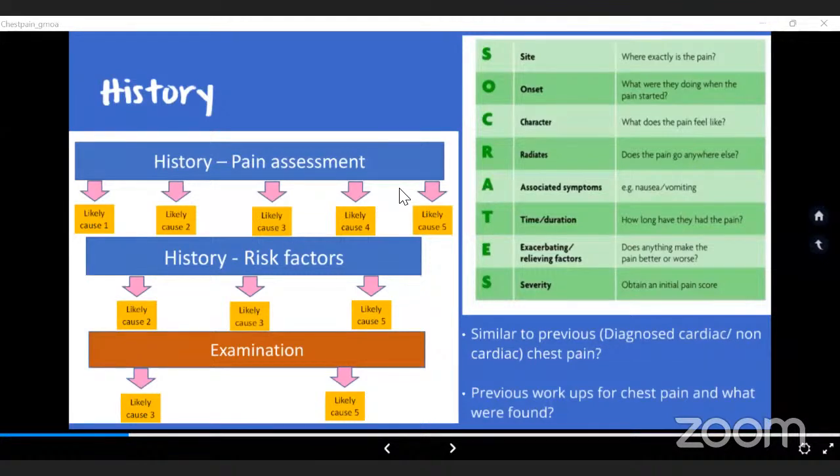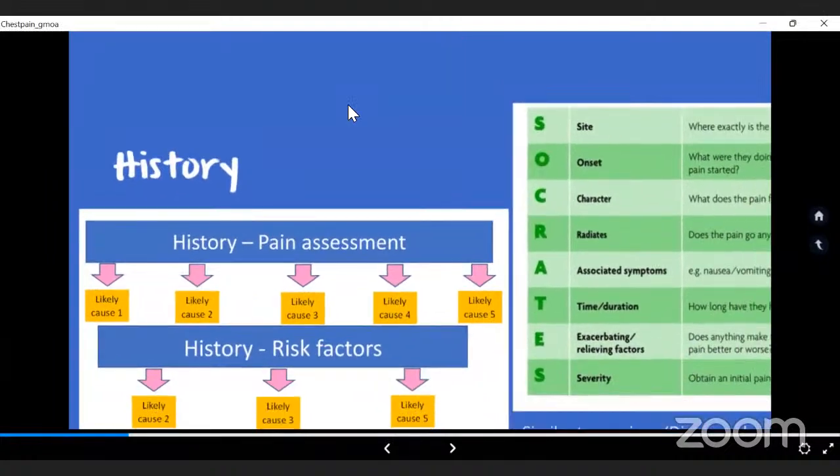So from the history, pain assessment, and risk factor assessment, you can narrow down your possible differential diagnosis. And at the same time, examination will give you some other clues as well. And then you go for the investigations to confirm those possible diagnoses.